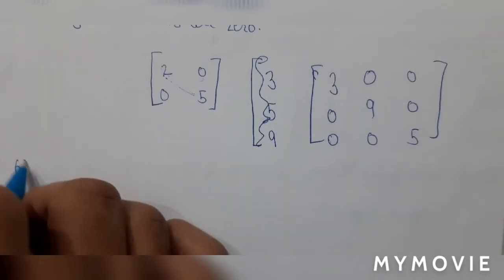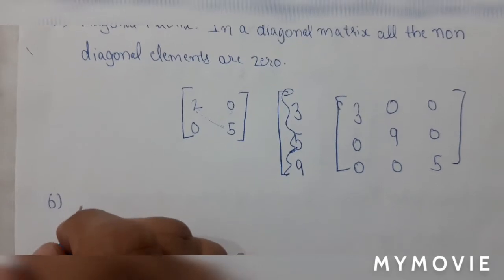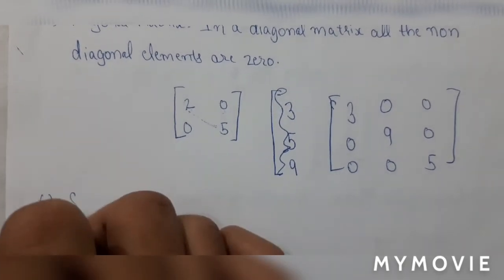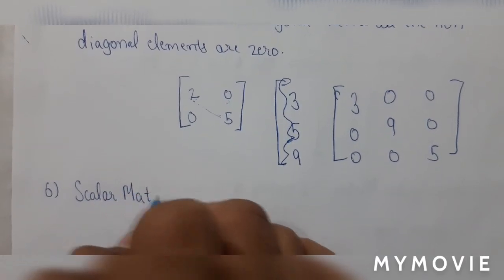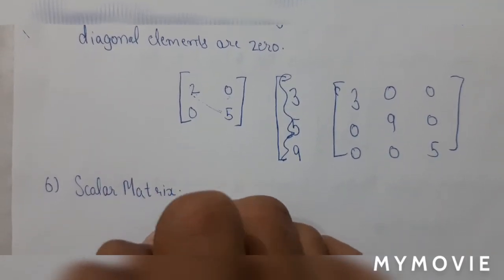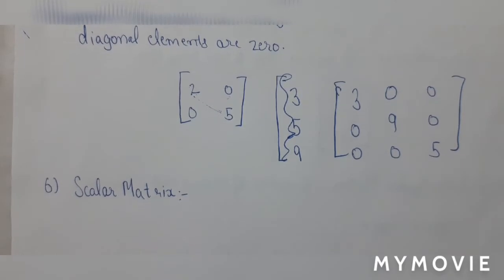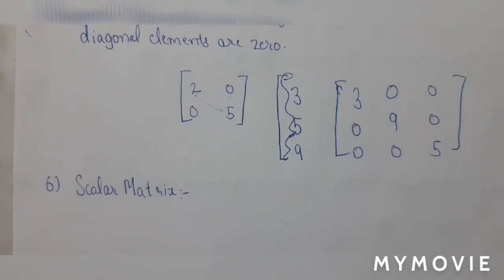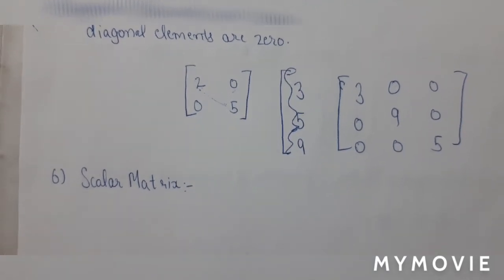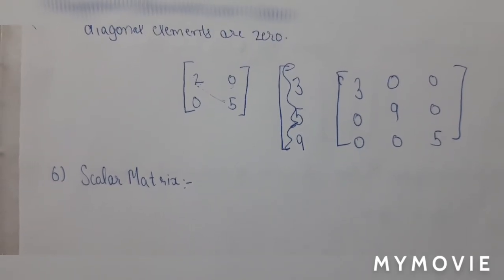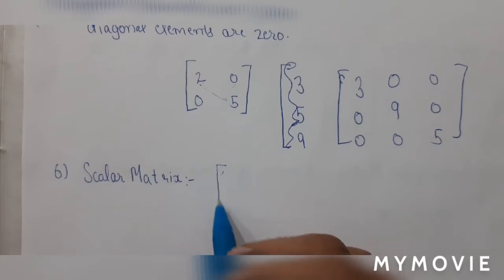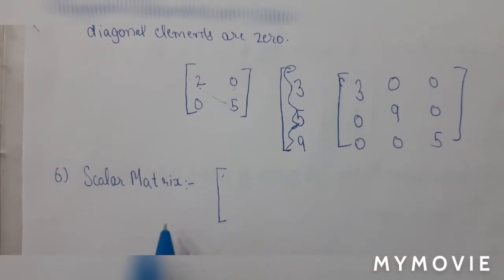So the next type is a scalar matrix. So what is a scalar matrix? It is related to a diagonal matrix, in which non-diagonal elements should be 0, but the diagonal elements should always be equal.